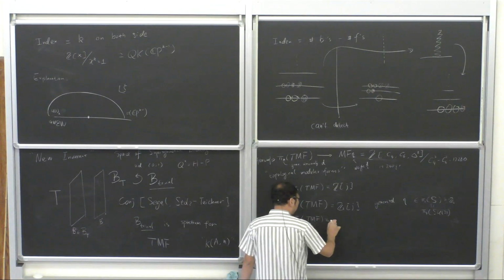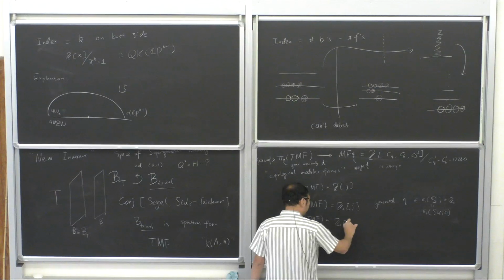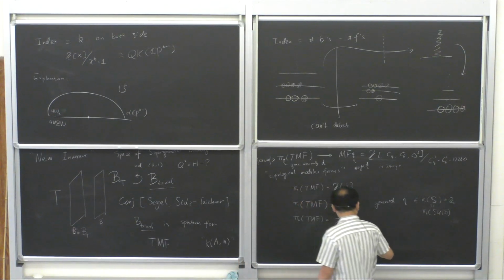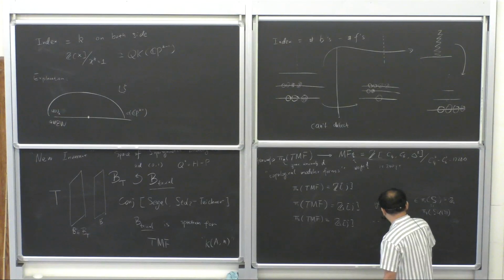Pi 2 of this is again the same, generated by eta squared.